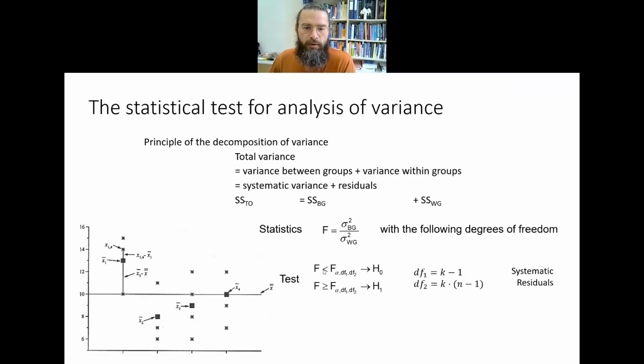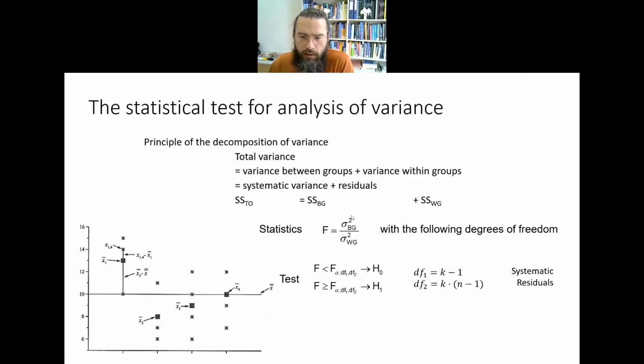Every time your empirical F value is smaller than this critical value, you are forced to conclude that the null hypothesis is true. Otherwise, if this value is bigger than the critical value, then you are forced to conclude that the alternative hypothesis is true.